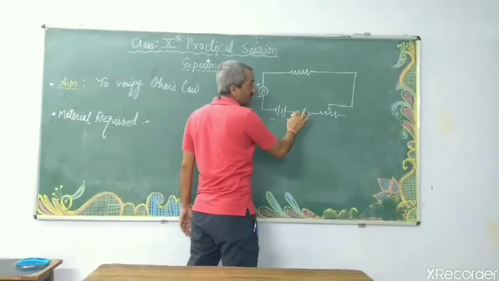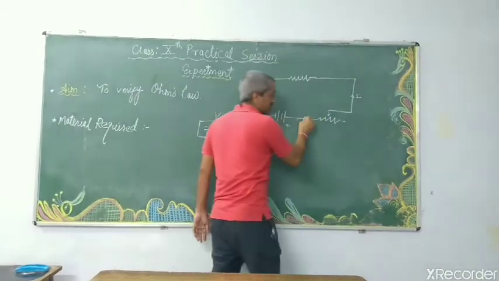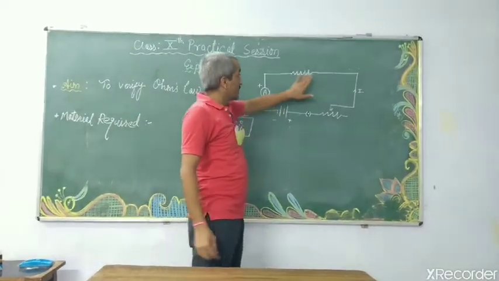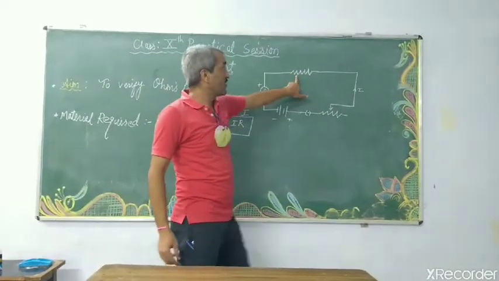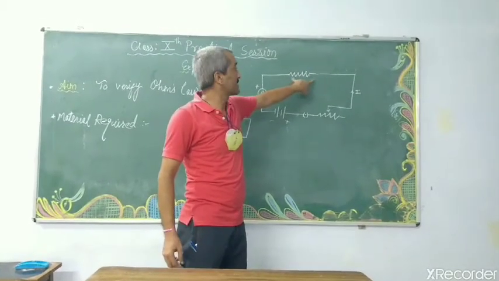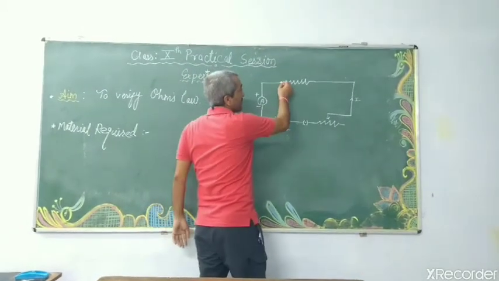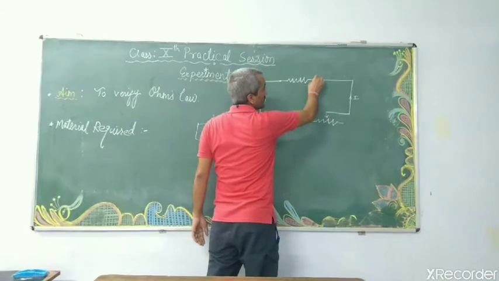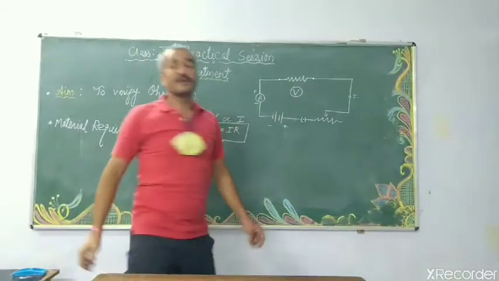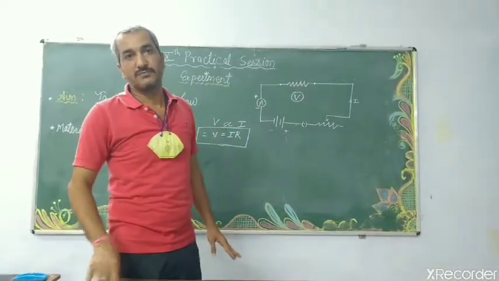And this current will flow in this direction when the switch is on. Here we have to measure the potential difference across this conductor, across this resistor. So we will connect a voltmeter, and just remember, a voltmeter is always connected in parallel combination with the circuit.